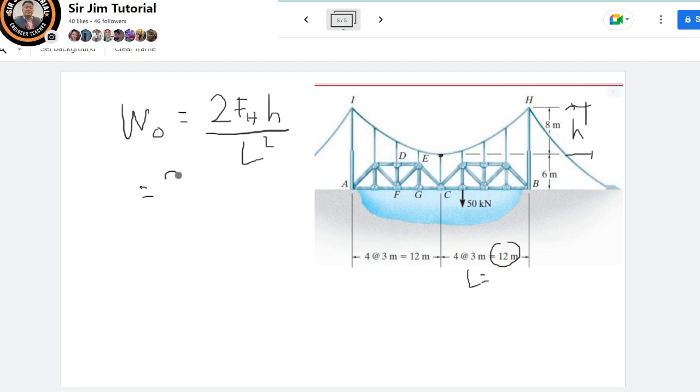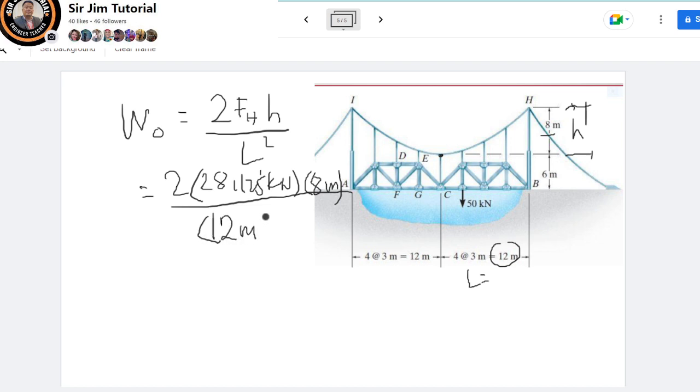So substitute: 2 times FH, which we already calculated to be 28.125 kilonewton, times H, the height, which is 8 meters, over L, which is 12 meters, squared. So WO is just equal to 3.125 kilonewton per meter.